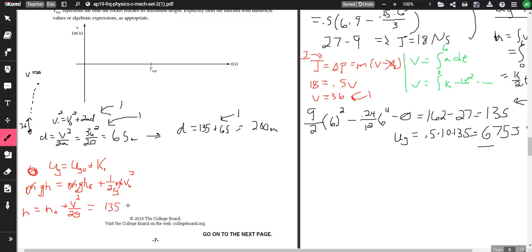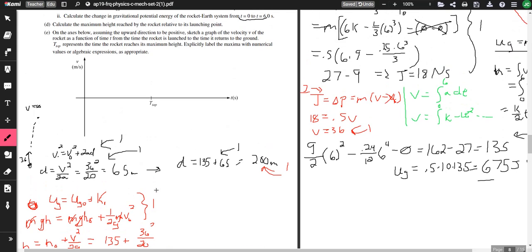So 135 plus 36 squared divided by 20, yada, yada, yada. So you can already see that I would have gotten the same answer. Once again, you would have gotten 1 point for pretty much this entire line, 1 point for substituting the numbers in, and 1 point for the answer.